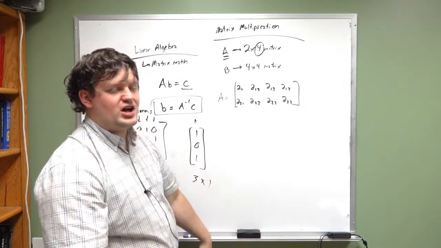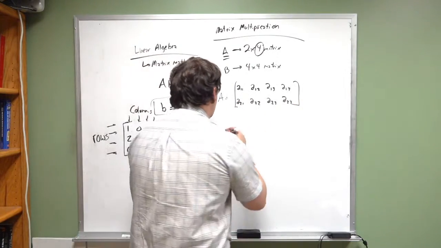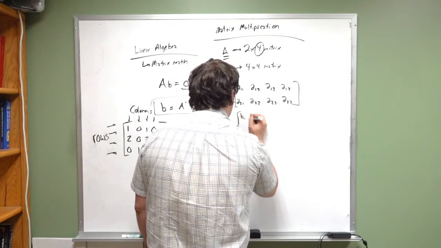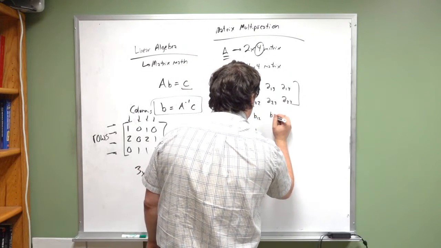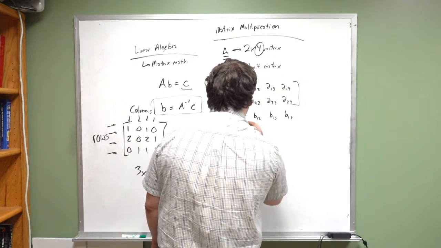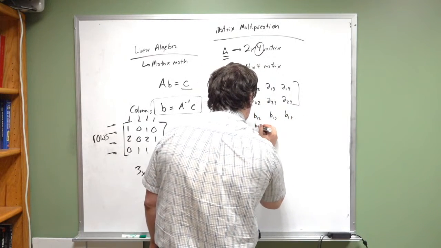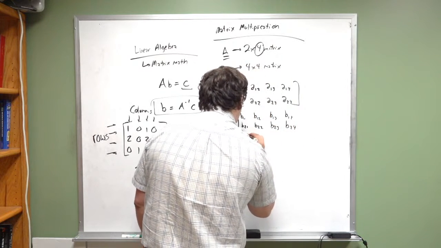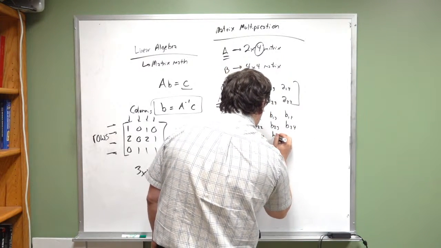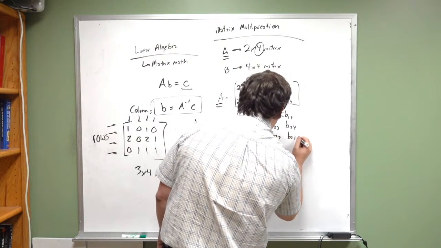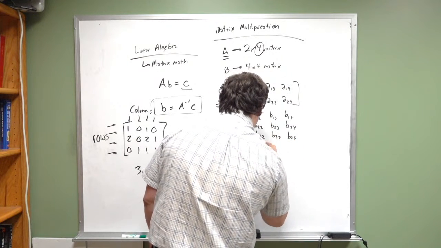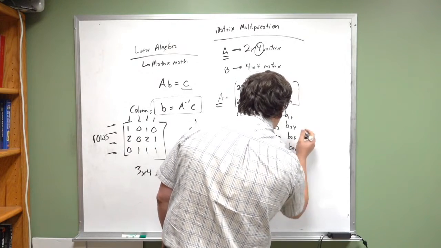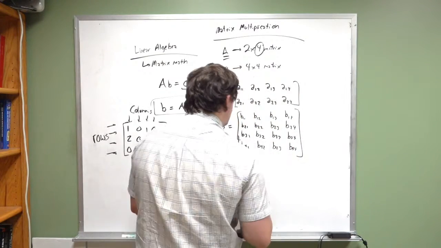It's 1, 5, 7, 9, whatever. And then B is B11, B12, B13, B14, B21, B22, B23, B24, B31, B32, B33, B34, B41, B42, B43, B44. So that's my two matrices.